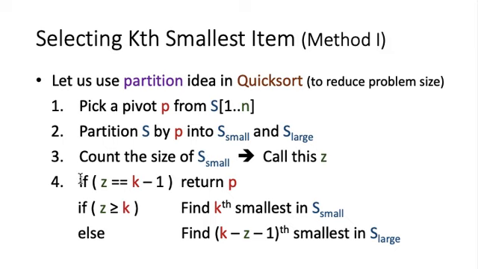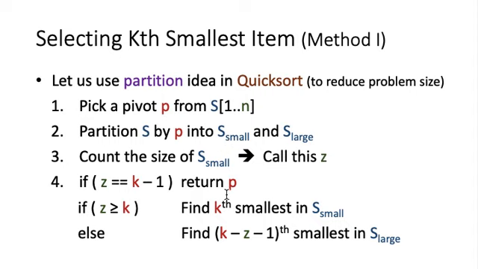Now, depending on the value of Z, we could have different things to do. For instance, if Z is equal to k minus 1, that means there are exactly k minus 1 numbers smaller than P. What does that mean?